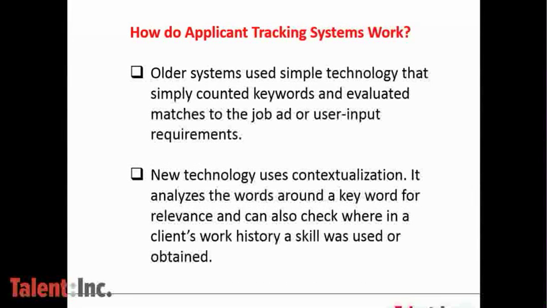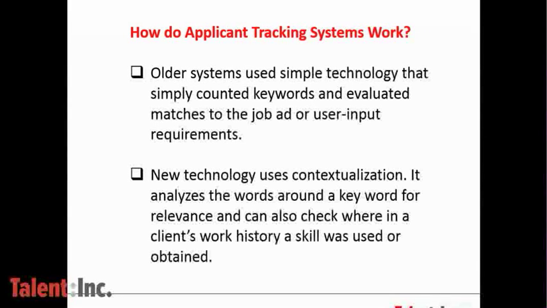Older systems use simple technology that counted keywords and evaluated matches to the job ad or user input requirements. These could get quite specific, but at the baseline, what they would do was say, okay, for every candidate for this project manager position, I'm looking for a minimum of Six Sigma Green Belt, a minimum of a bachelor's degree, and a minimum of 3 to 5 years experience.